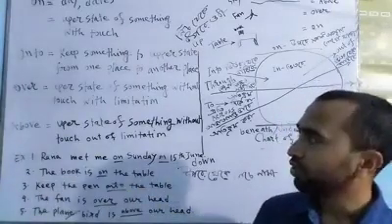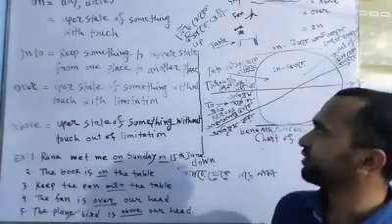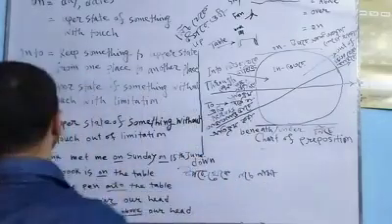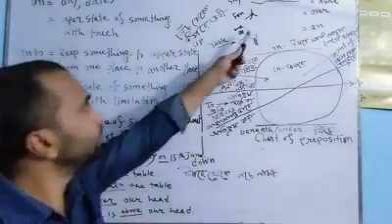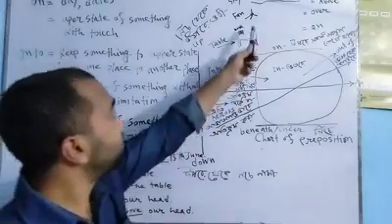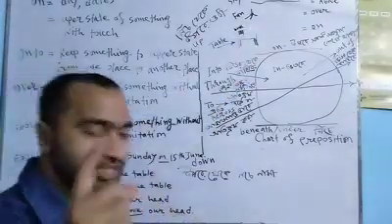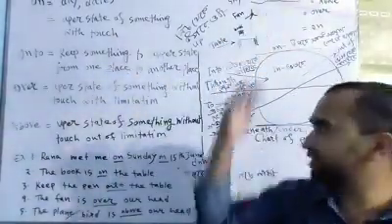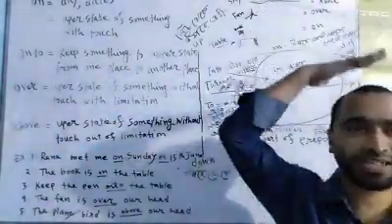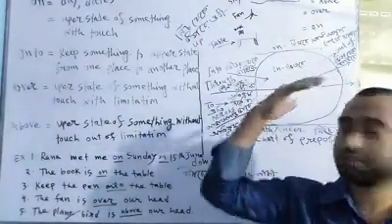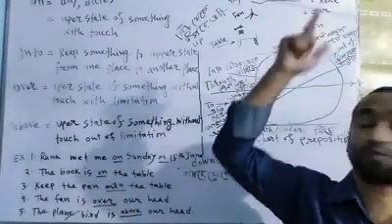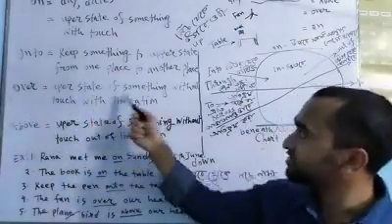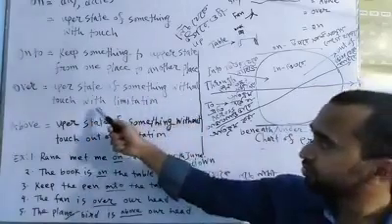Over. If it is the upper state of something without touch, with limitation, in this case we have to use over. Such as, we can give an example: a fan. The fan is moving in the upper part of our head, but it is not touching our head. It is separated from our head. For this reason, we have to use over. The upper state of something without touch, with limitation.